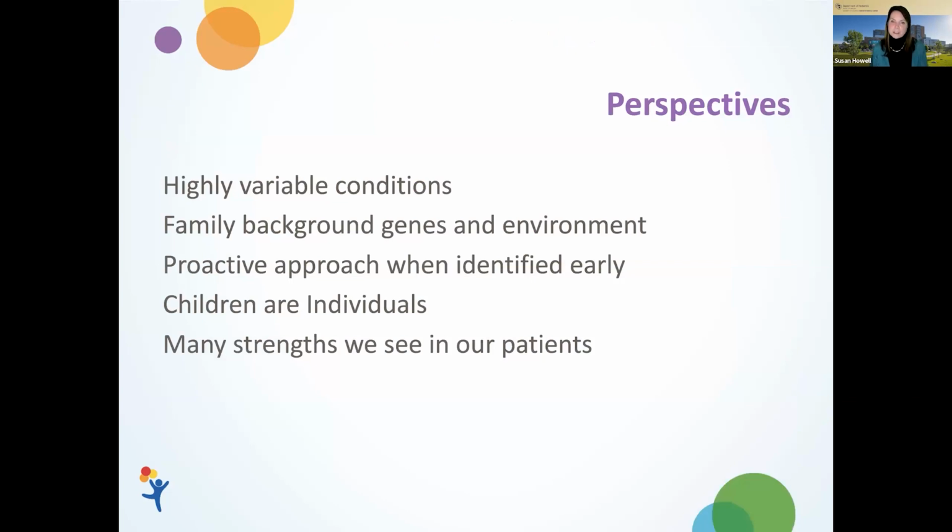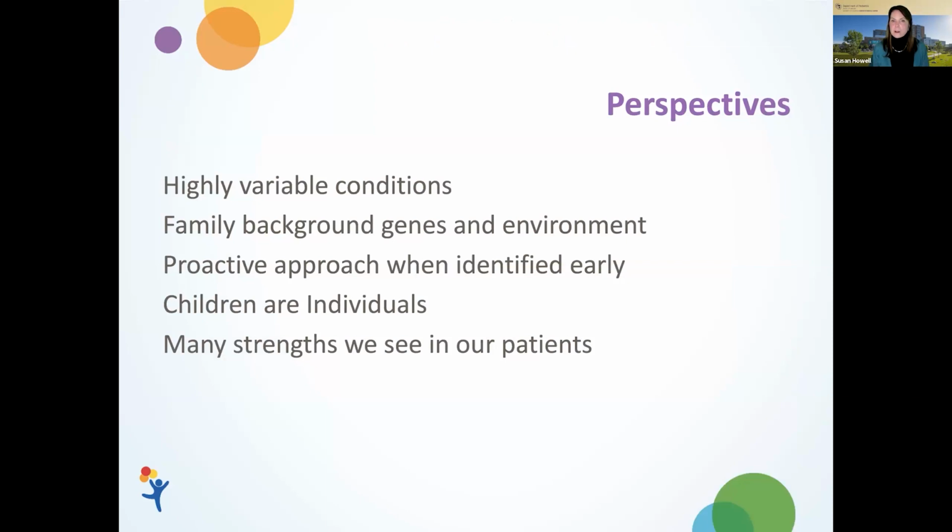As far as perspectives on this condition, it's not only highly variable, but we know that family background, genes, and the environment in which an individual is raised can have a significant impact on an individual's outcome. We also know that when a genetic condition is identified early, families often are given the opportunity to have a very proactive approach.